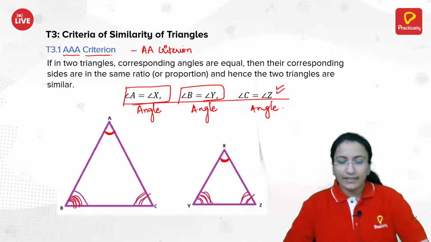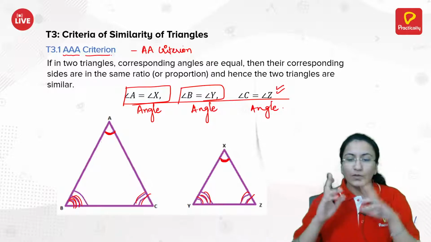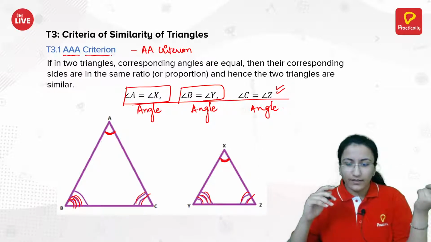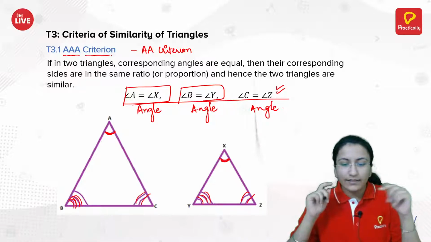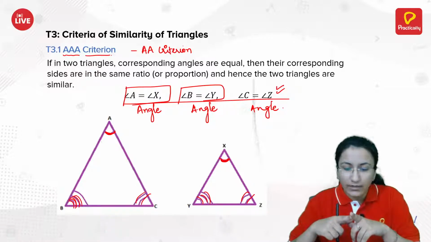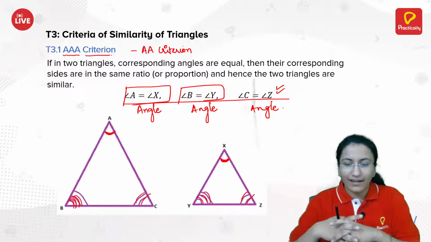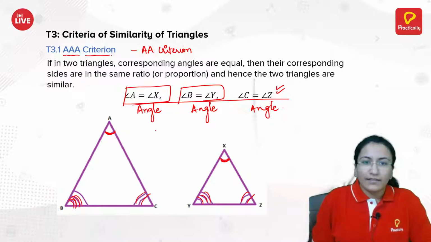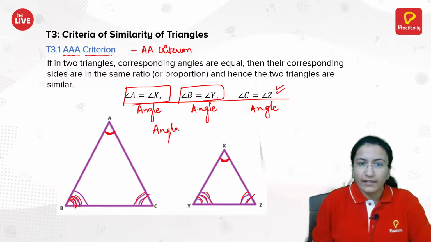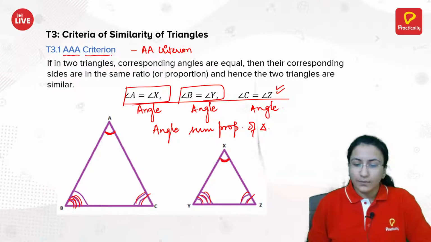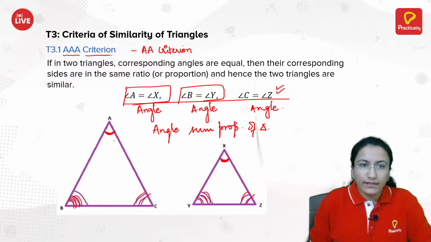Shruti, you are saying using CPCT. No, CPCT is something you use in congruency. Here, for proving that the third angle is also equal, you will use the angle sum property of a triangle. Using the angle sum property of a triangle, suppose I have this and this equal.